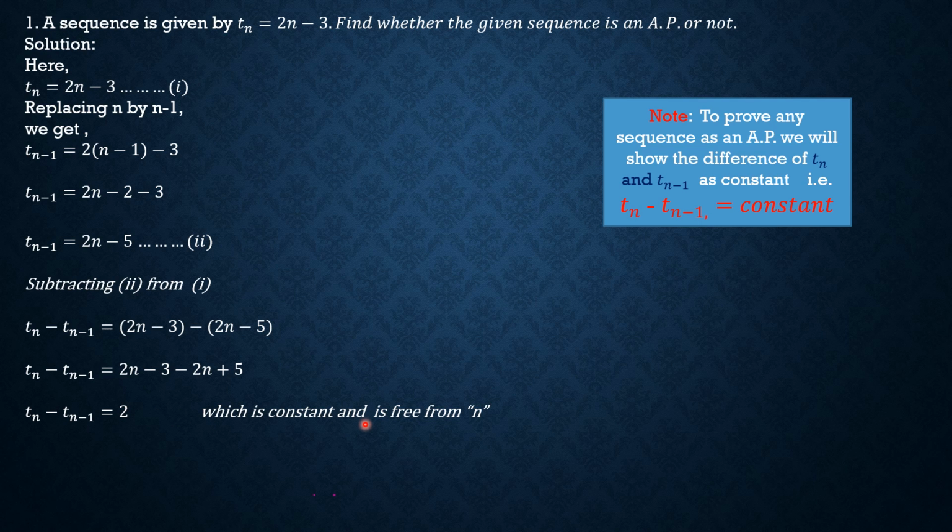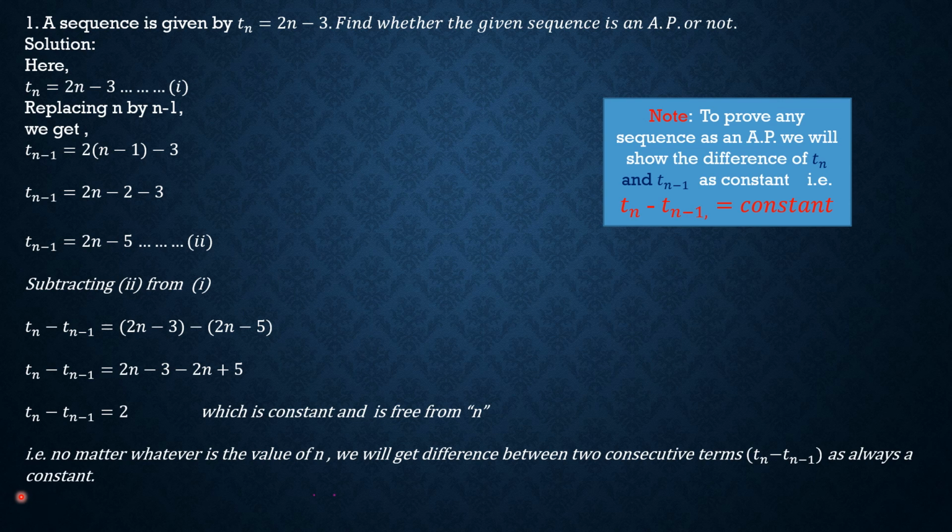So which is constant and is free from n. So no matter whatever is the value of n, we will get difference between two consecutive terms as always a constant. Hence the sequence given by tn equal to 2n minus 3 is an AP.